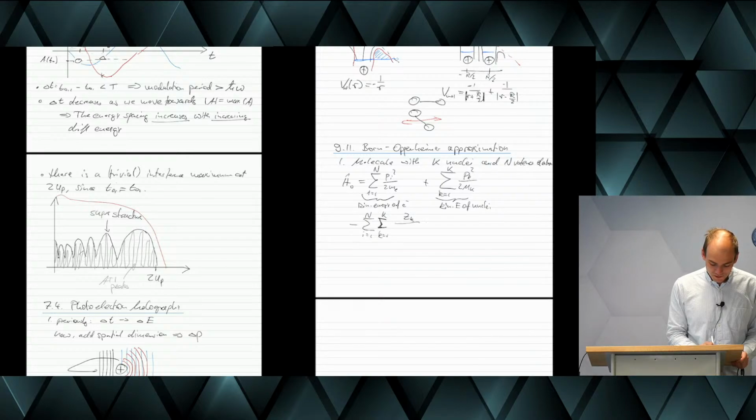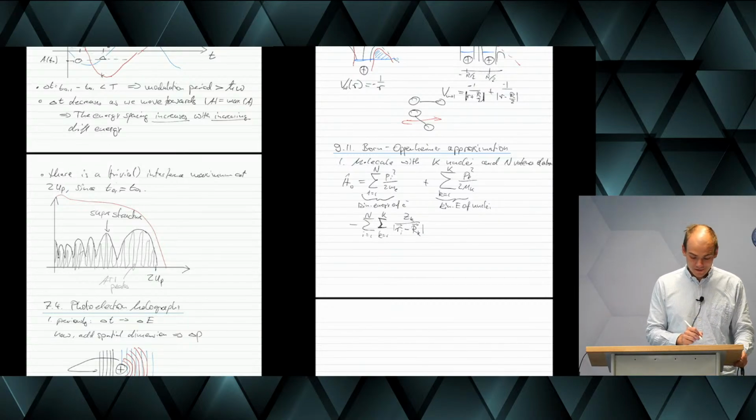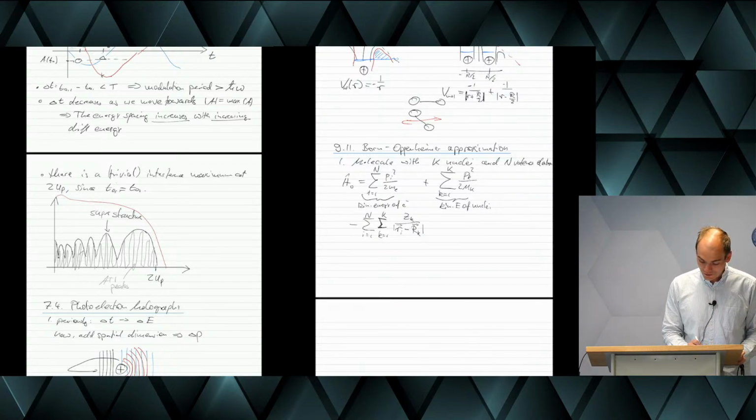And this is the charge of the nucleus. And these are the position vectors of the electrons and the nuclei. And so this would be the electron-nuclei attraction. Then we have the attraction between nuclei.